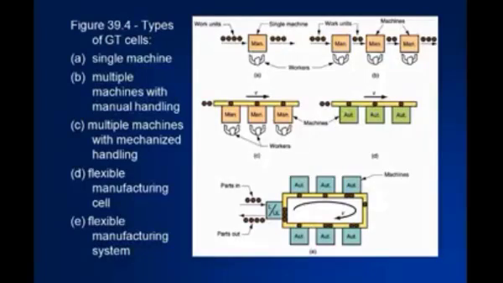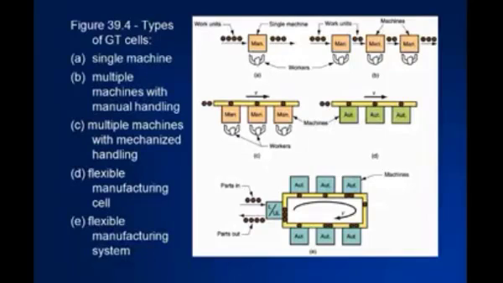In A, you can see a single machine with a person sitting, and work units are processed by a manual system. Workers are used. Similarly, in figure B, multiple machines with manual handling are used. In C, there is multiple machine with mechanized handling.